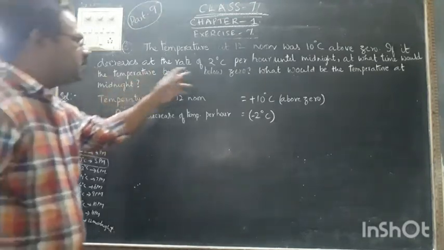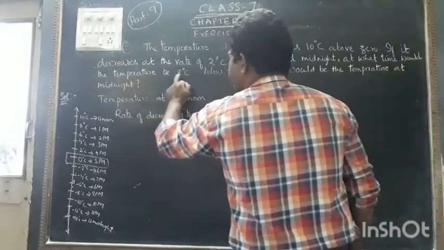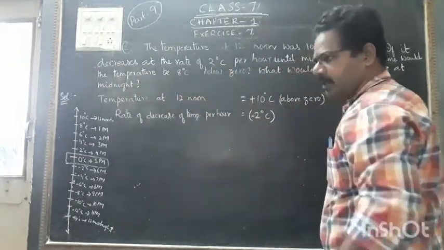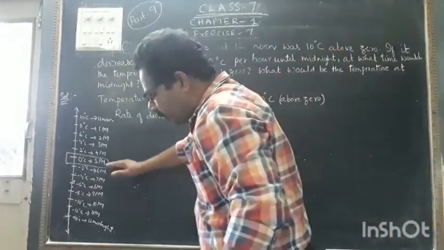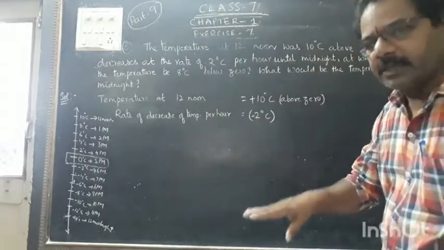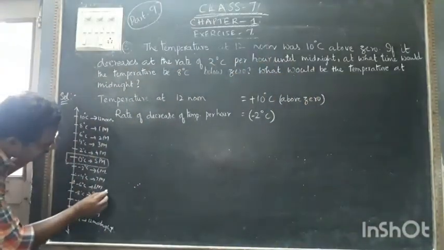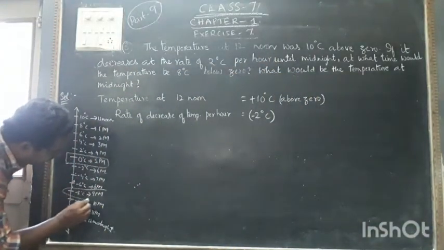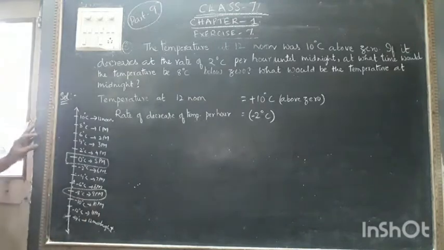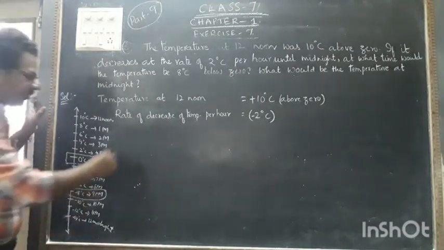The first question they have given: what time would the temperature be 8 degrees centigrade below the zero? Below the zero, 8 degrees centigrade. Every hour it is decreasing 2 degrees centigrade. So 8 degrees below zero is at 9 p.m. The temperature is minus 8 degrees.